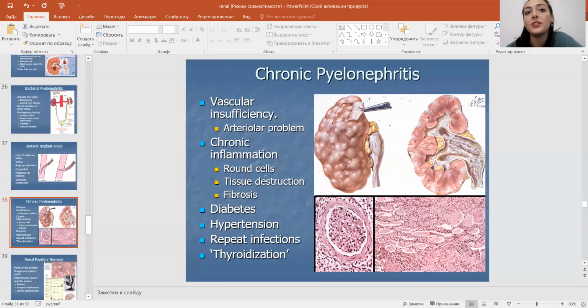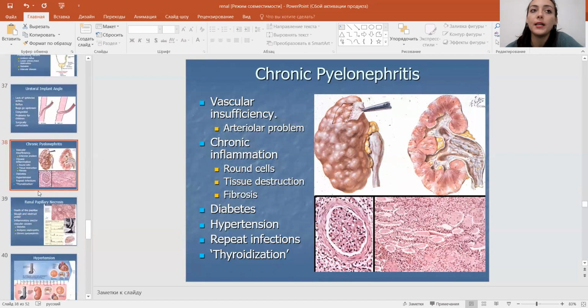And chronic inflammation, round cells, tissue destruction, fibrosis, you can see diabetes, hypertension, repeat infections, and thyroidization. Thyroidization you can see microscopically, the cells like thyroid. So thyroidization mainly characterizes chronic pyelonephritis.